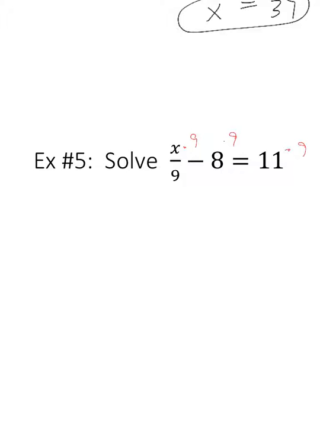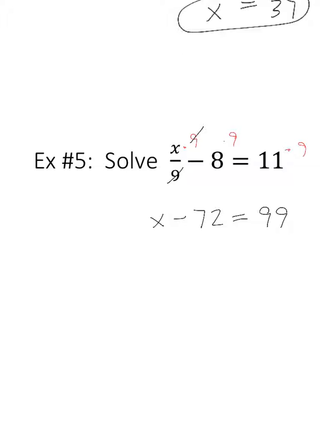So those 9s cross out and you're left with x. Now, negative 8 times 9 is negative 72. And then 11 times 9 is 99. So, there we go. We're getting very close. The x is almost by itself. The only thing we have to do now is get rid of that negative 72.